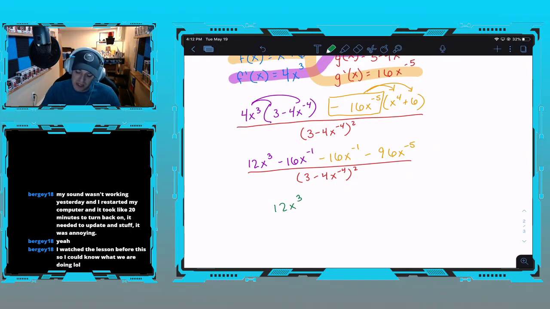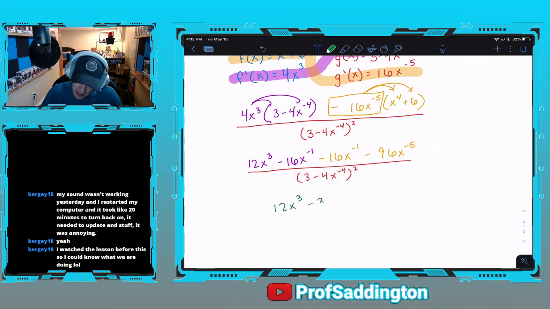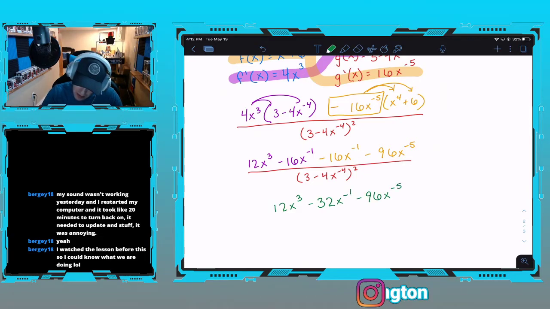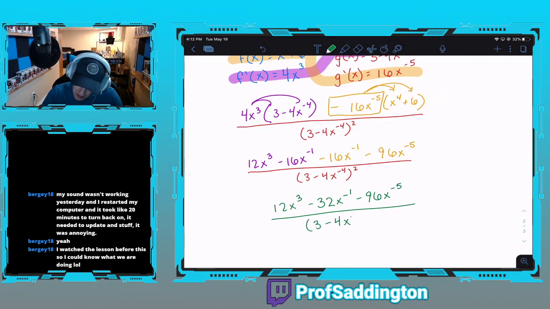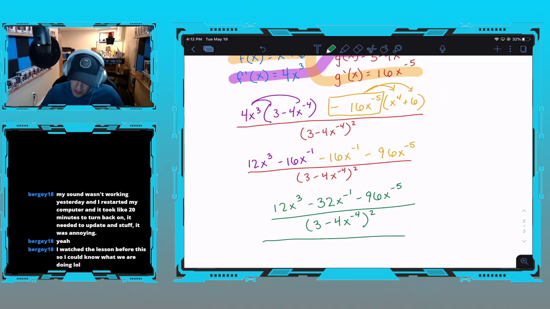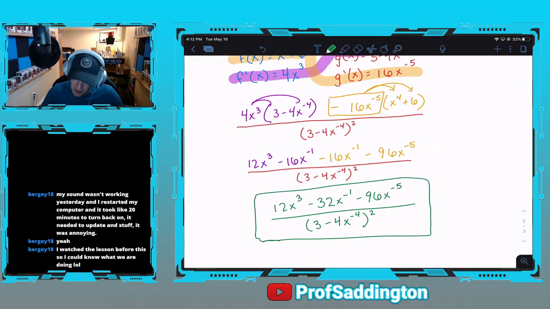A negative 16 and a negative 16 is just going to be a negative 32. And then we still have the negative 96x to the negative 5, all over that denominator. And that right there would be the derivative using the quotient rule.